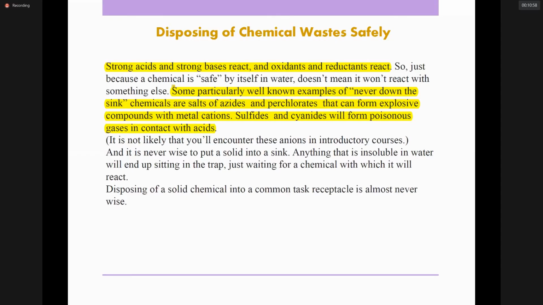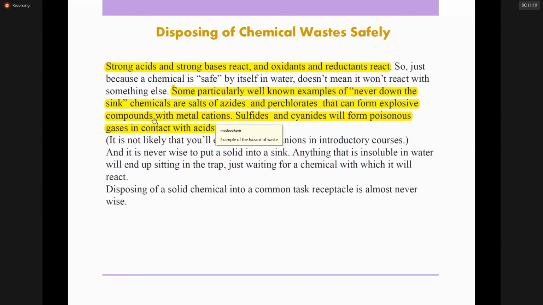Precaution chemicals you are not allowed to pour into the sink include perchlorate, and we checked in the previous lecture why perchlorates are so hazardous. Also, the salts of azide can form explosive compounds with metal cations or the material of this sink.